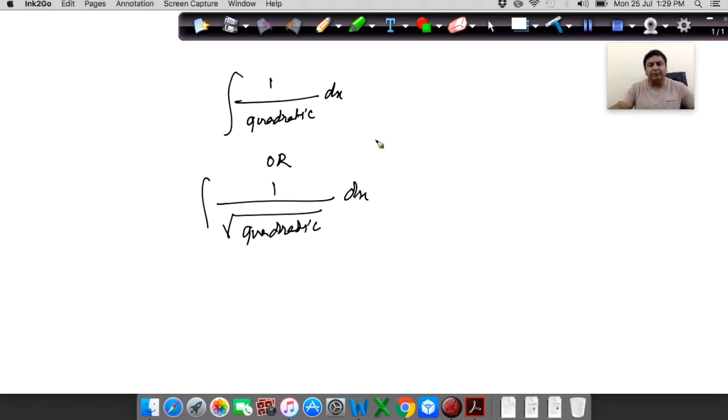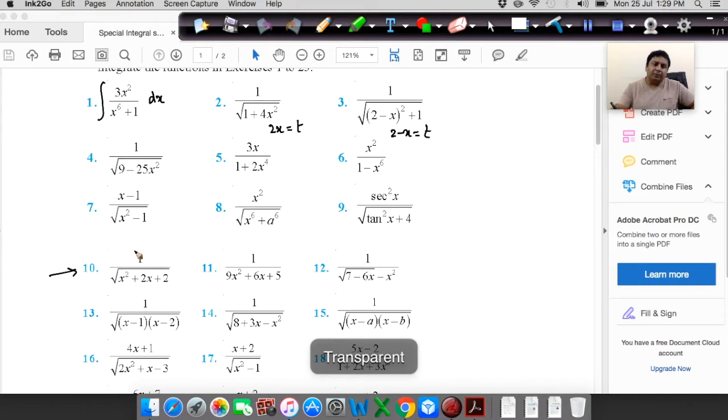So basically you see 1 upon root quadratic, 1 upon quadratic, and then again 1 upon quadratic if you open it up. So this is one of the types. We have to tackle 1 upon quadratic. Next will be linear upon quadratic. I'll explain that once I explain this first. Let me tell you what we do in this.